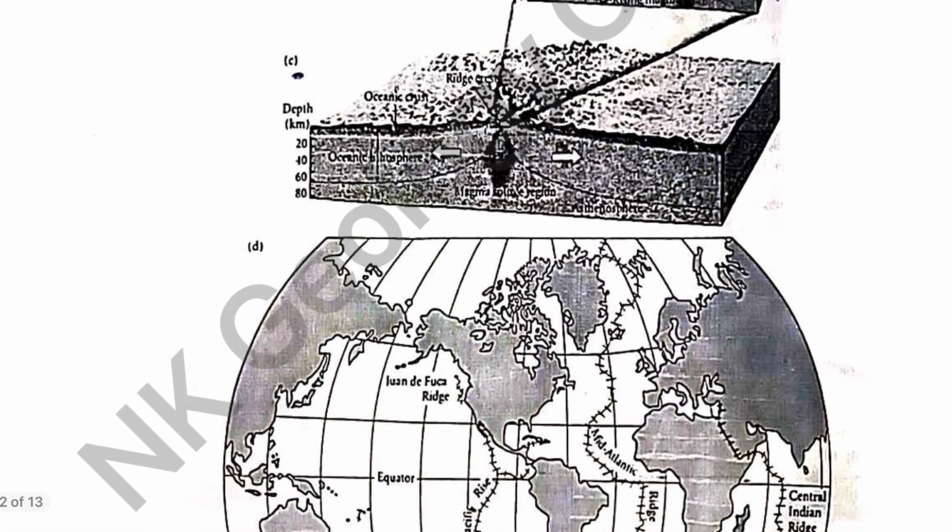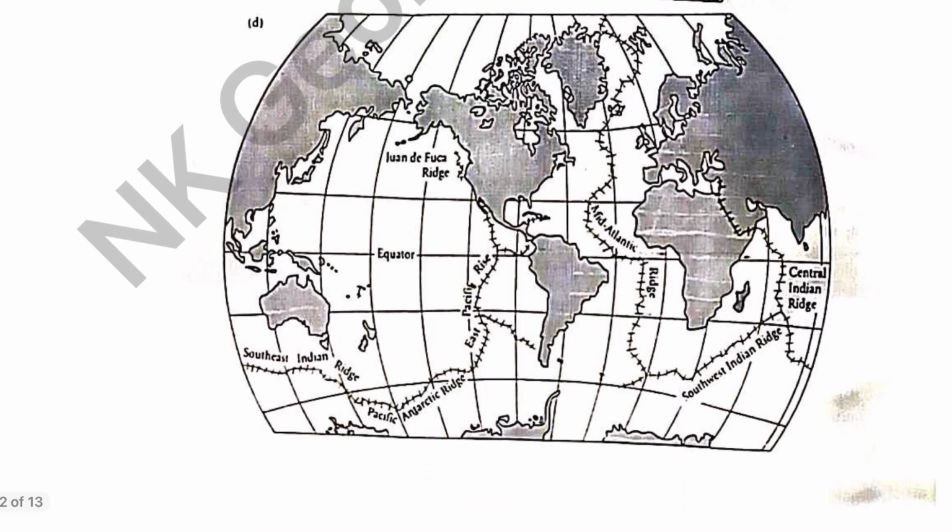And if we look at the world map, we can see these mid-oceanic ridges. So from this point, from Iceland, it is extending all through the Atlantic Ocean up to this end. This is the mid-Atlantic ridge, and this is the East Pacific ridge in the Pacific Ocean.